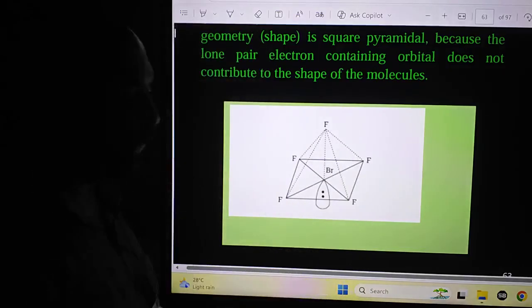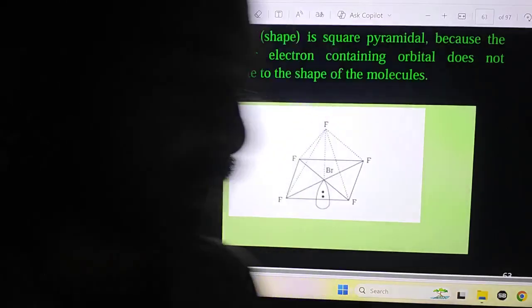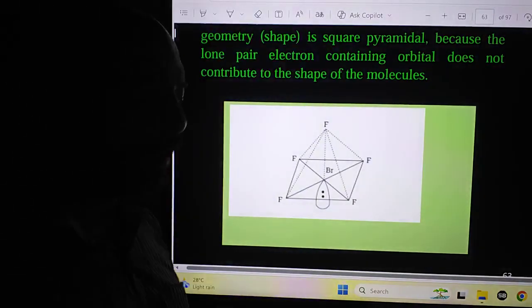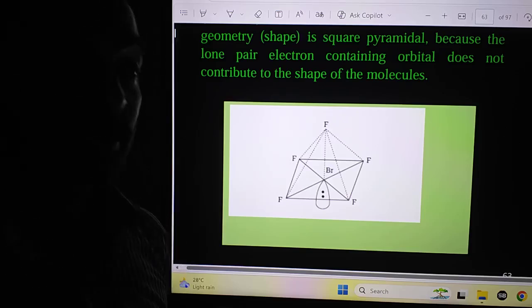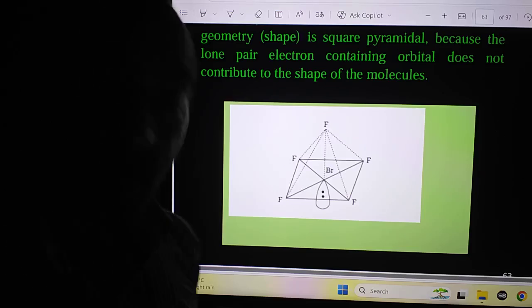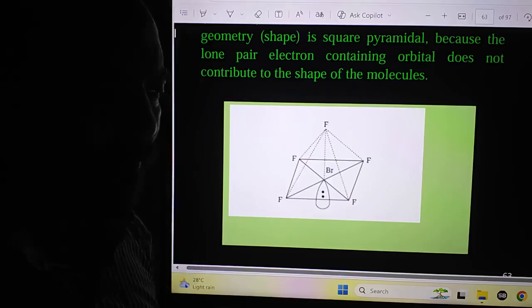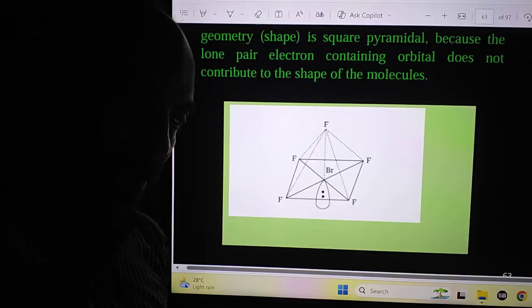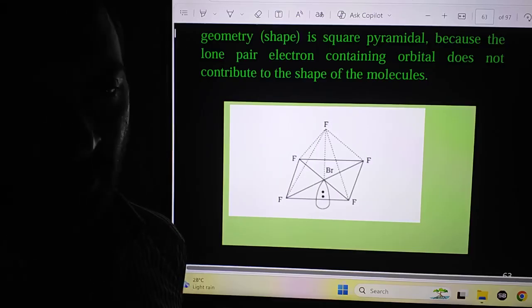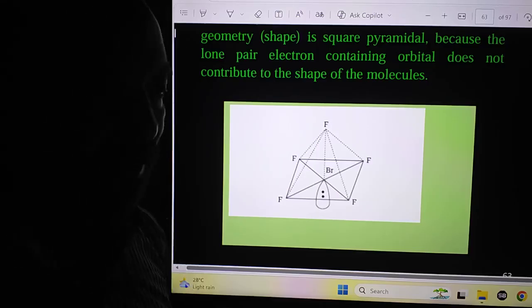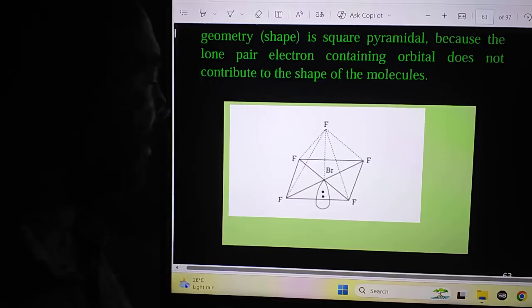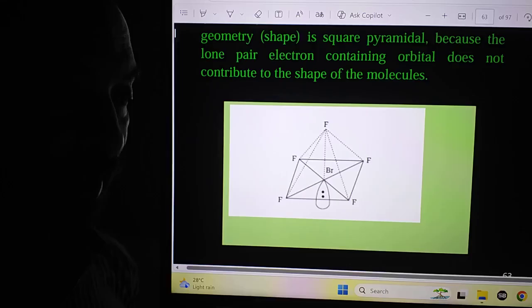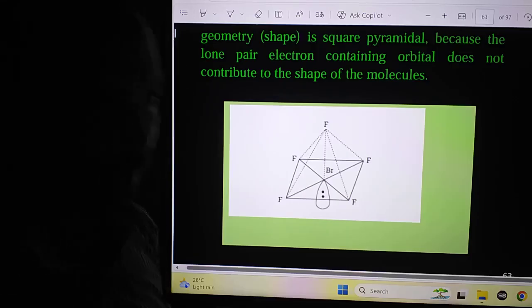So BrF5 will have the molecular geometry, otherwise called shape, square pyramidal. It is not proper to give simply geometry. Geometry can be either electron pair geometry or molecular geometry, and they must specify which. Here, electron pair geometry is distorted octahedral and shape is square pyramidal.